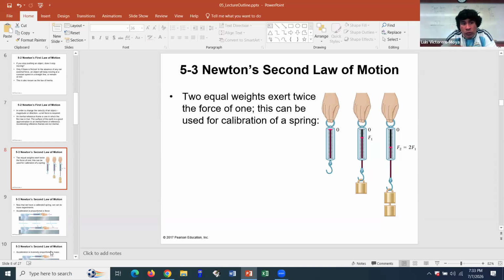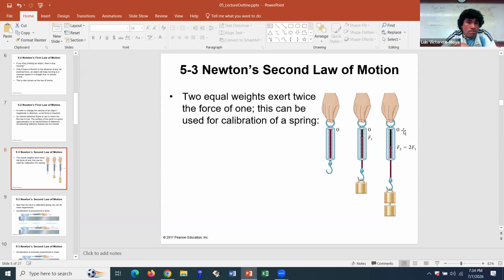Now, what do you have in front of you? Just to keep talking about Newton's second law. You have different weights, right? Two equal weights exert twice the force of one. So you have one weight here that can be 1 kilo. That will give you 9.8 newtons. 2 kilos will give you 19.6 newtons.